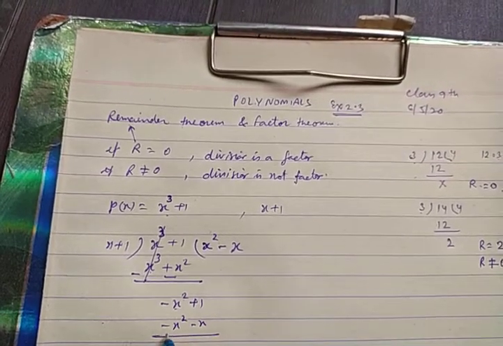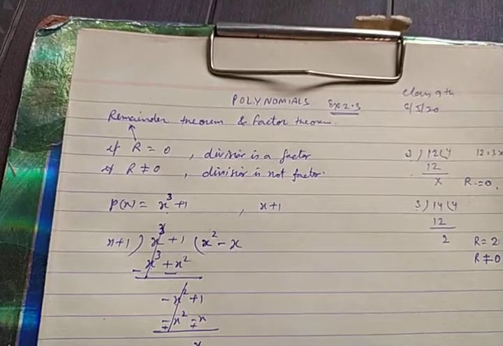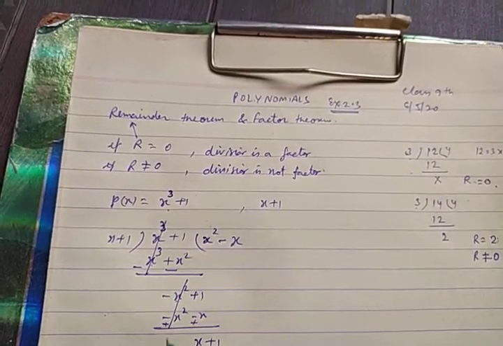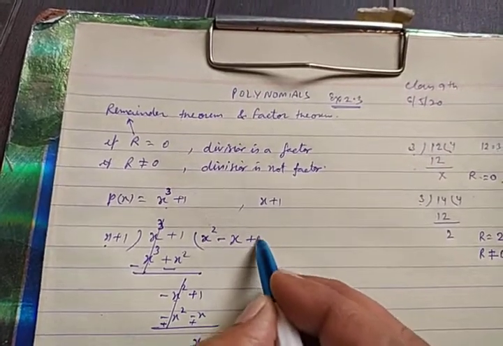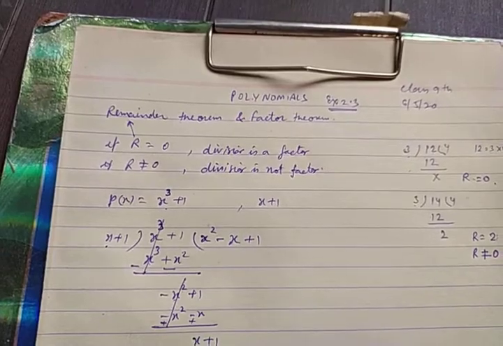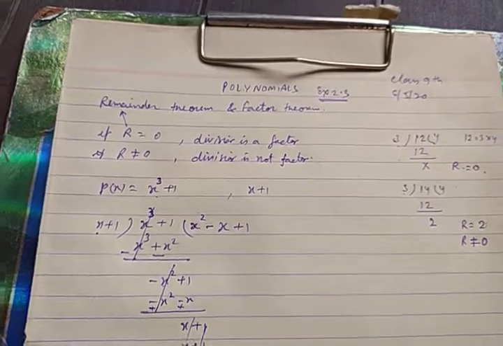Again subtraction process, plus plus, this will be cancelled, you will get x plus 1. Now this will go one time because x plus 1 is here, x plus 1 is here, change the sign, minus minus, terms cancelled, 0.